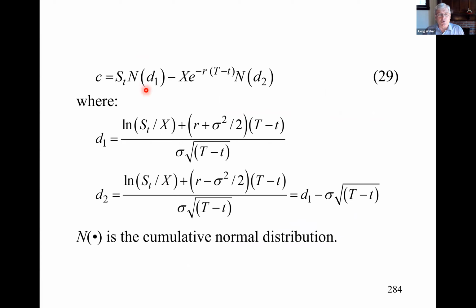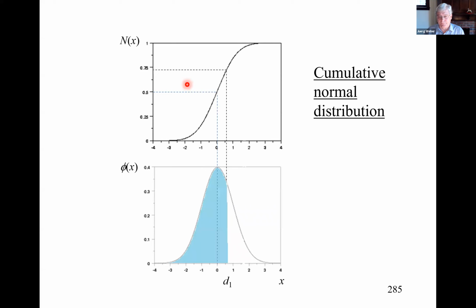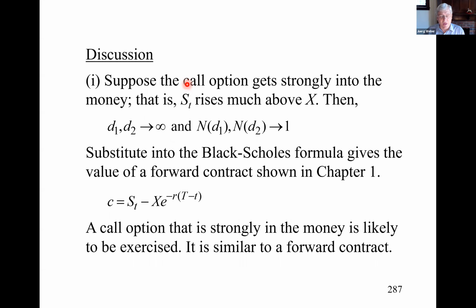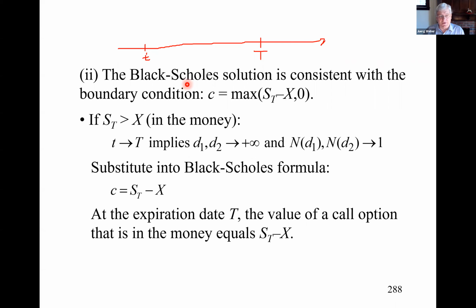This goes to 1, this goes to 1, but then small t goes to big T. The time interval gets smaller and smaller, so we get a 0 power. So this e to the 0 power also goes to 1. And so we just get S minus X.